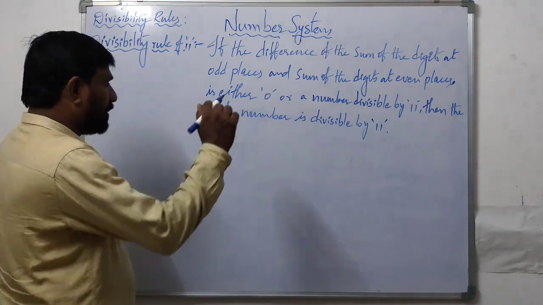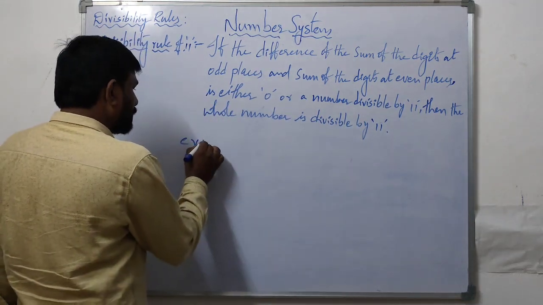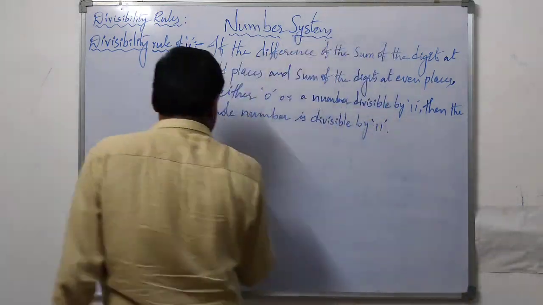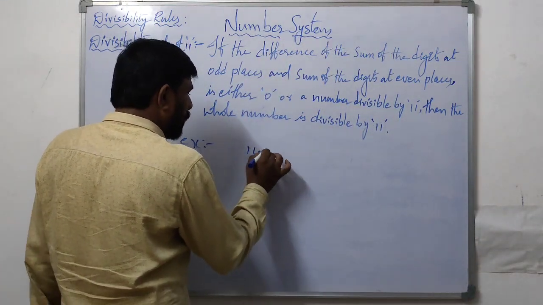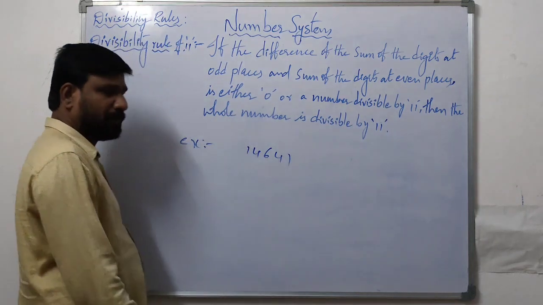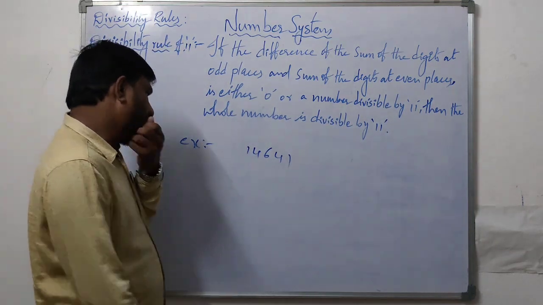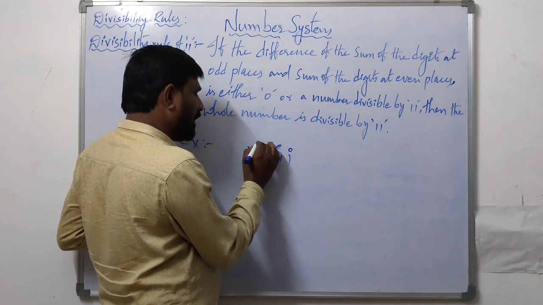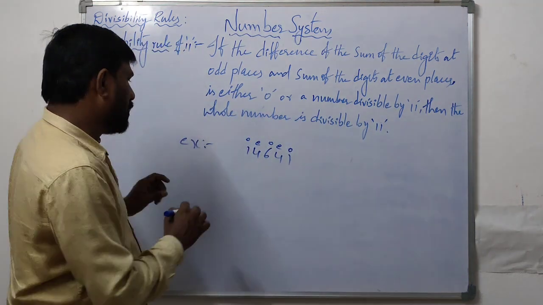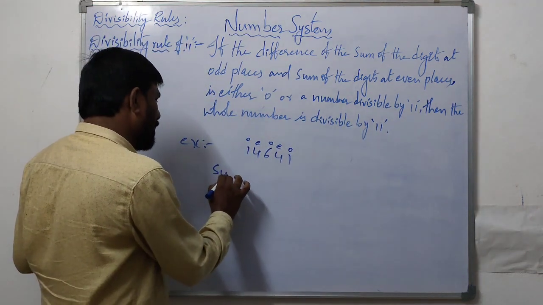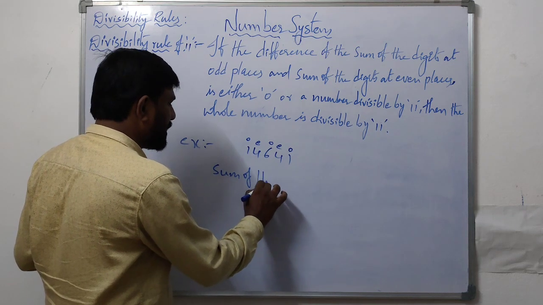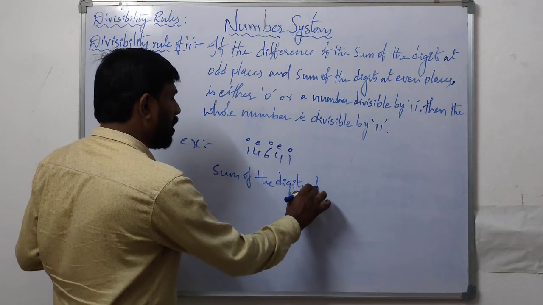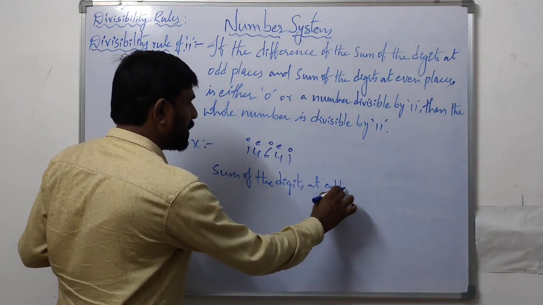You can see an example here. I'll write an example: 14641. Now the first is an odd place, next even place, right? Odd, even, odd, even, odd. So first, the sum of the digits at odd places.